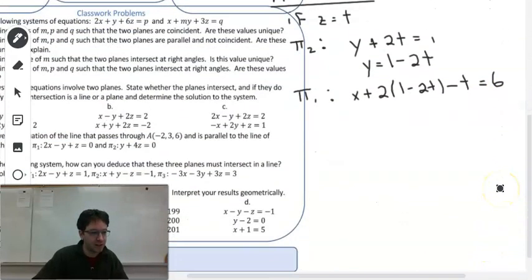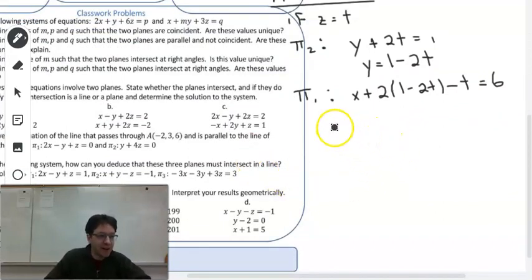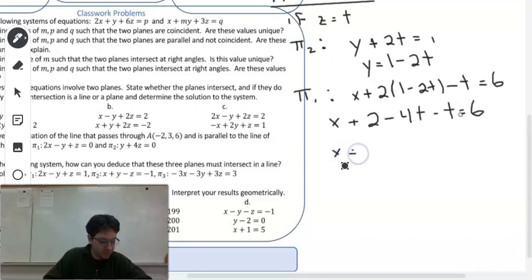Now we can just expand and simplify, then solve for x. So x plus, expanding this bracket, we get 2 minus 4t minus t equals 6. So x is going to equal 6 minus 2 is 4, and then plus 5t.